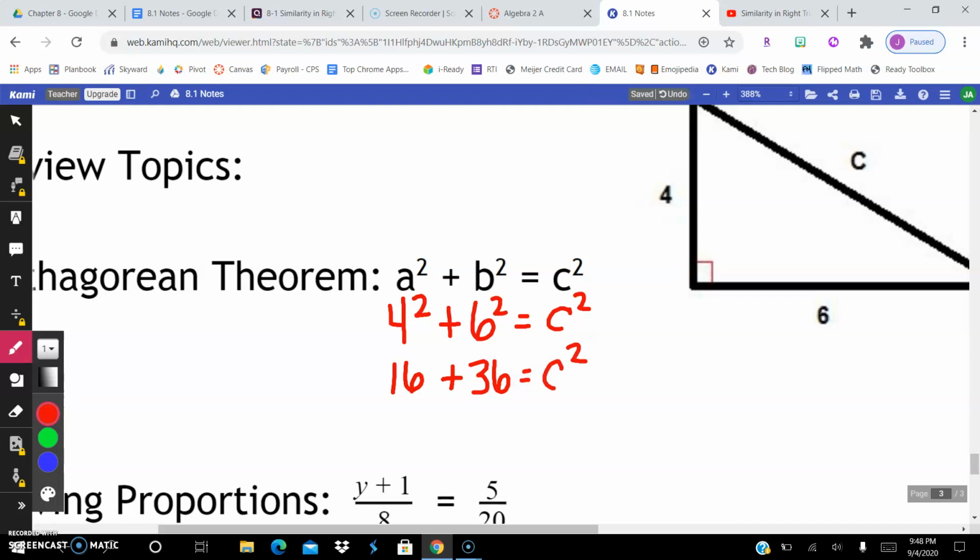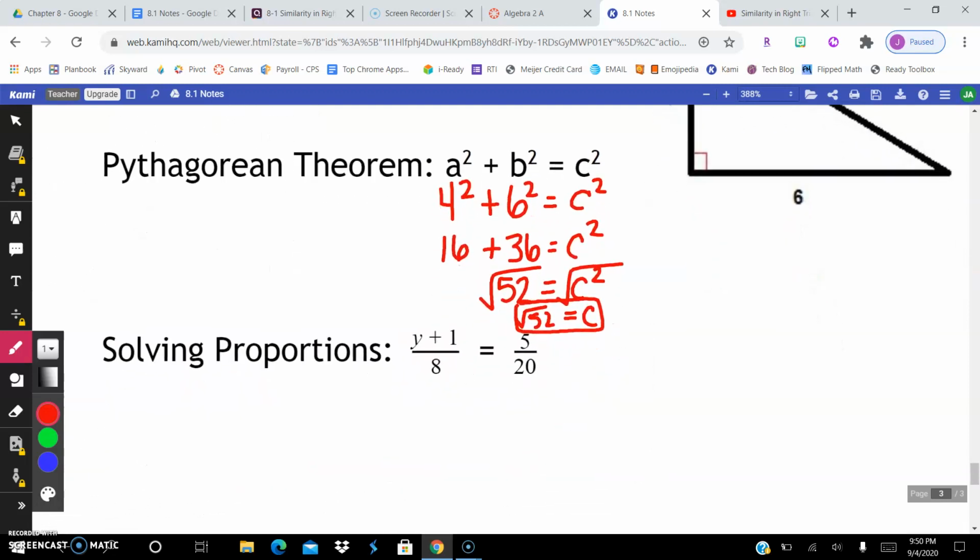And if we add those together, we will get 52. We have to take the square root of both sides. So C is going to equal the square root of 52. And the square root of 52 does not simplify any farther, so that is our final answer. That length is square root of 52.